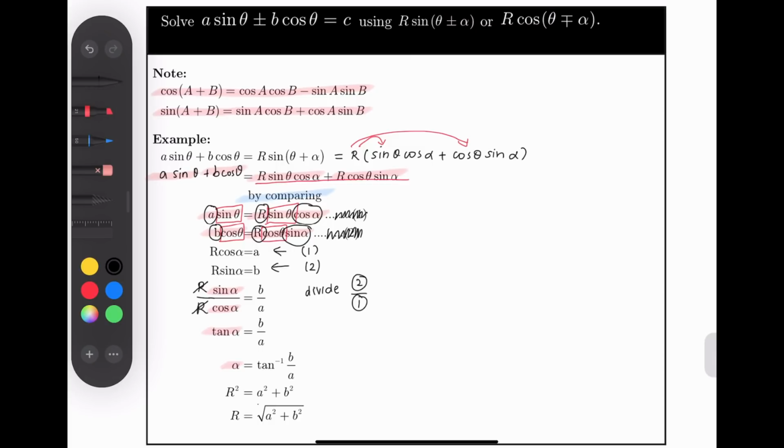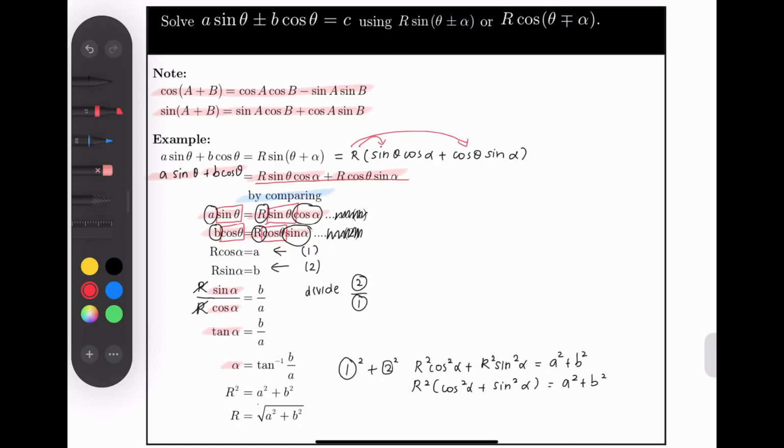To find the value of R, you need to square 1 and 2, and then add them up. So it's going to be R squared cos squared alpha plus R squared sin squared alpha equals A squared plus B squared. Factorize R squared to get cos squared alpha plus sin squared alpha.